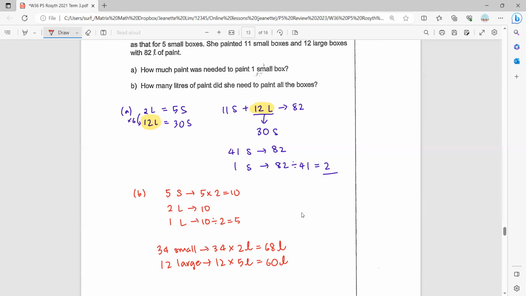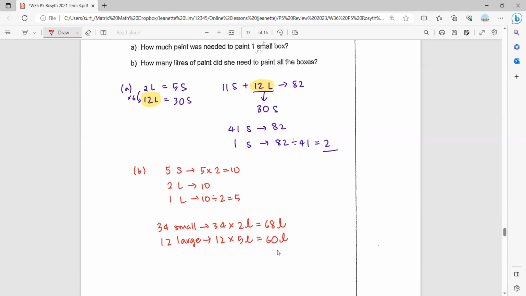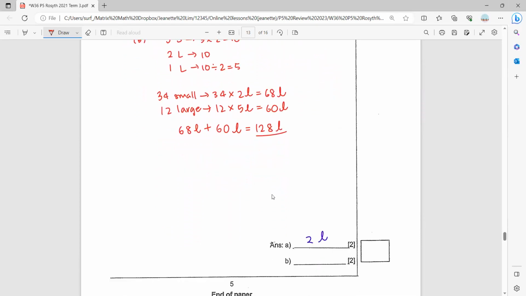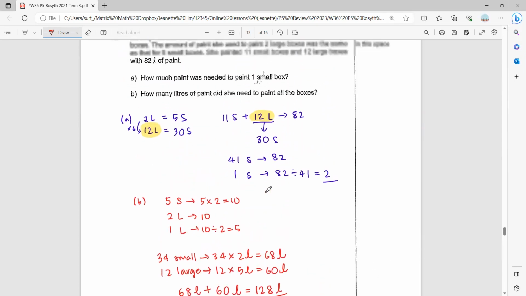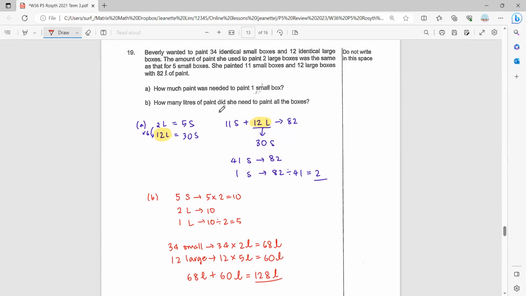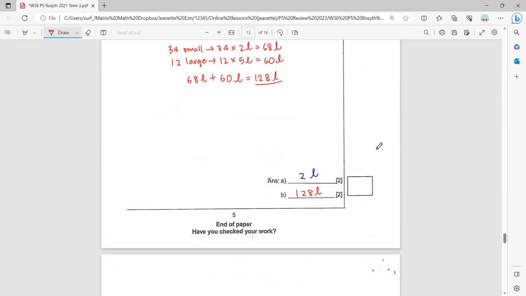So the total amount of paint needed will be the total of this. 68 plus 60. 128 liters. Okay, so that's all for the paper.